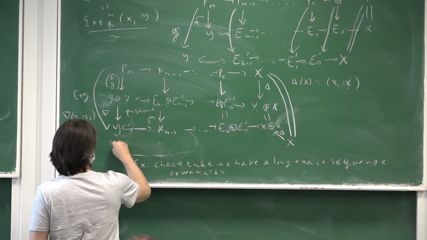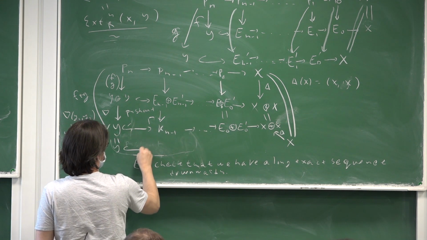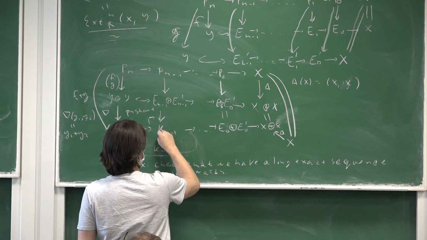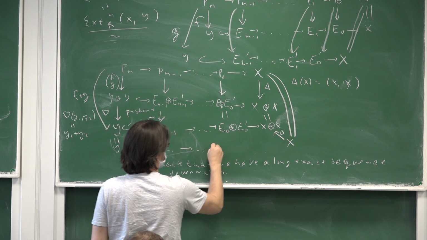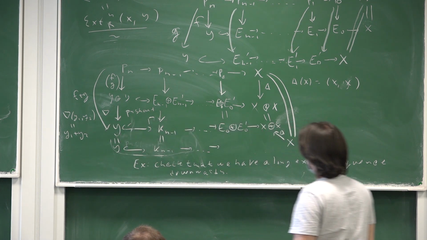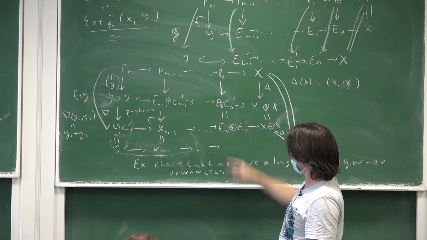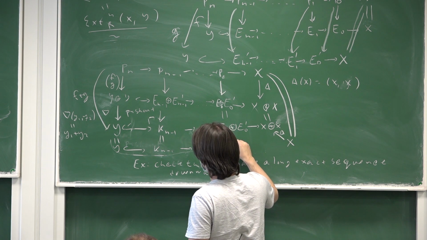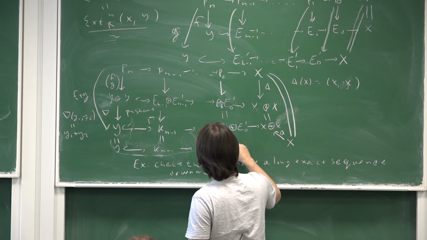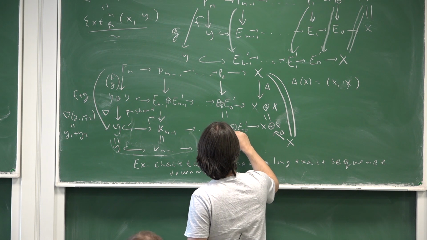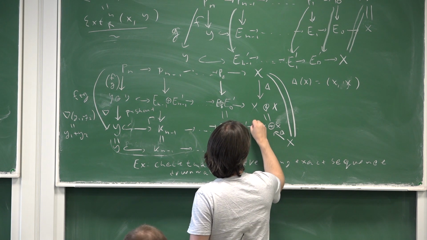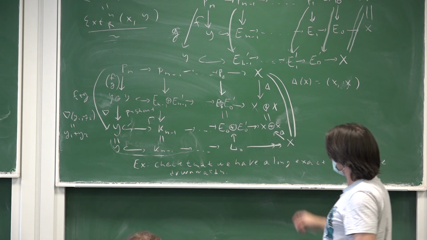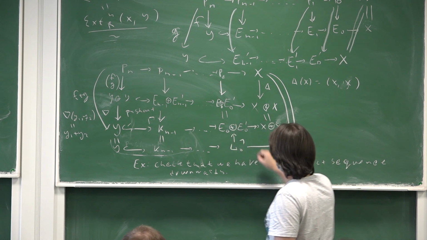We leave this part without changes. And only this guy we change by some L0, simply taking the pullback.